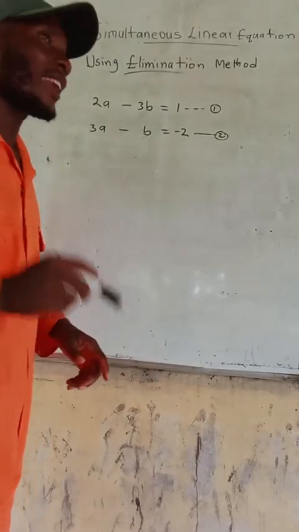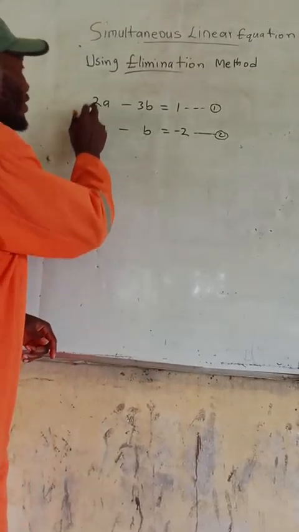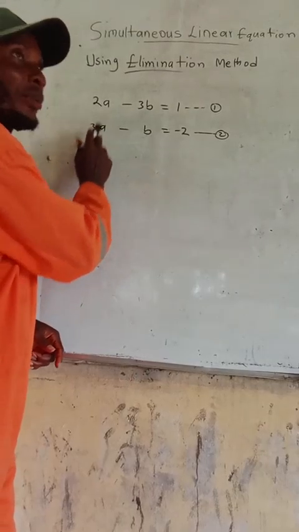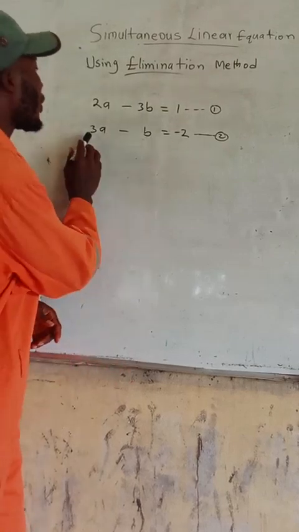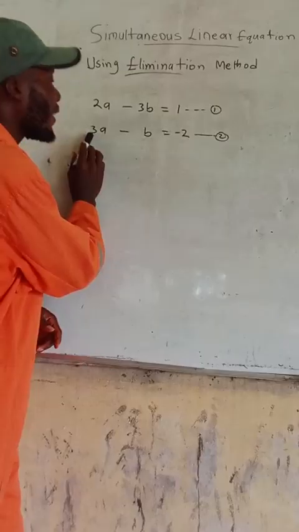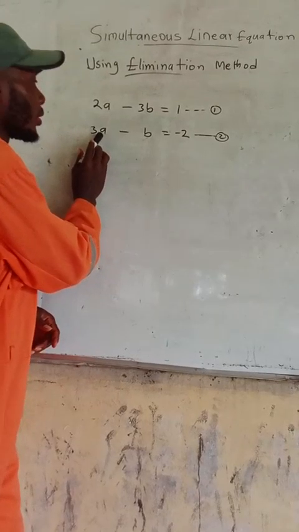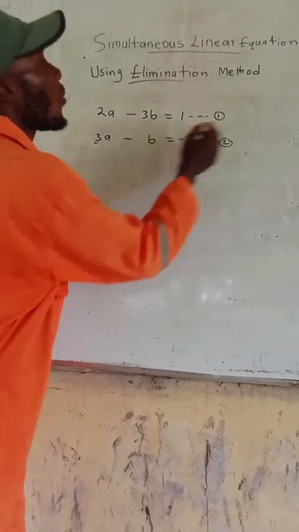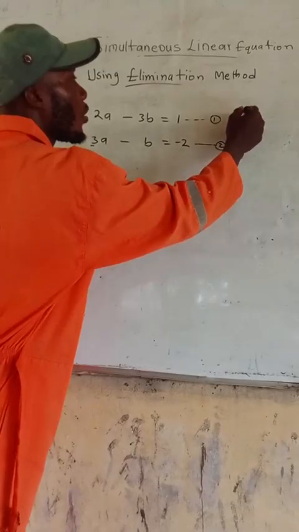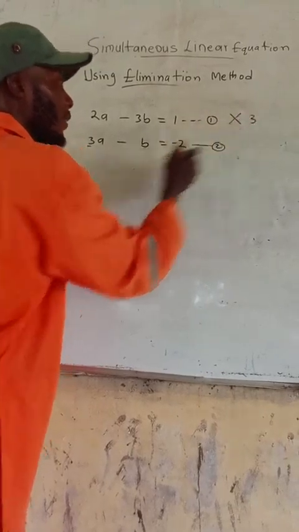Listen. In order to make the coefficients the same, because we want to eliminate A first, the secret is to use the coefficient of A in equation 2, which is 3, to multiply the whole of equation 1.